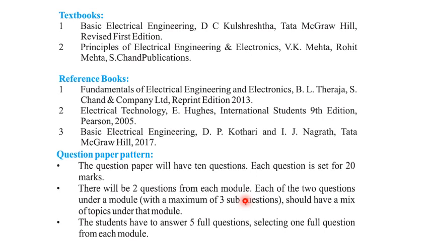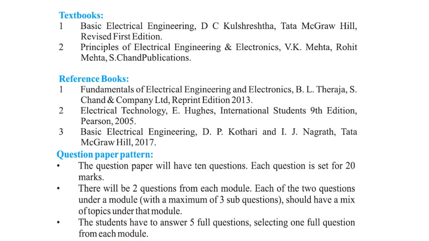Each of the 2 questions under a module has a maximum of 3 sub questions, like question number 1 A, B and C, and should have a mix of topics under that module. The students have to answer 5 full questions, selecting 1 full question from each module.